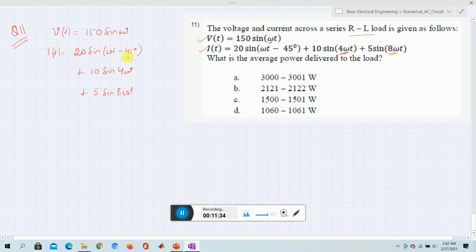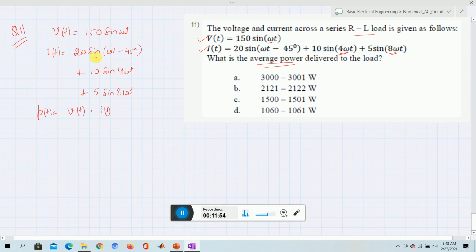So the usual equation for power will be P of t equals V of t into I of t. Again, average power is asked, so we will try to get a value which does not have the sine term or cosine term multiplied with omega.